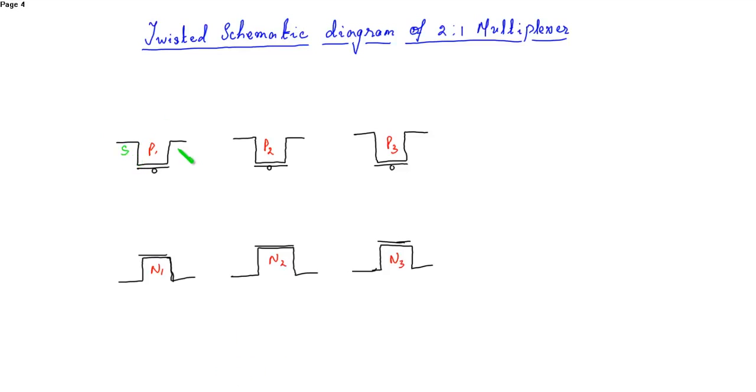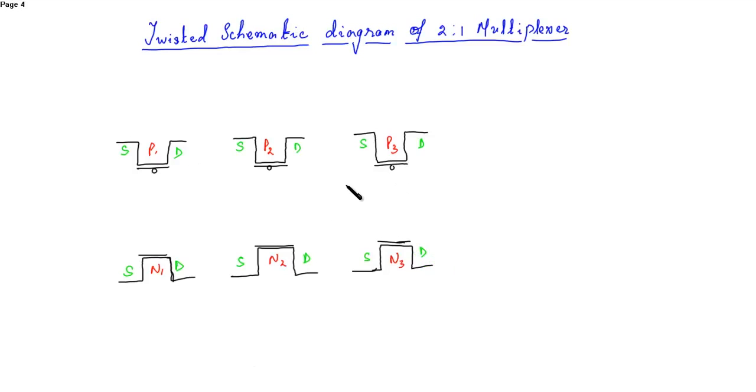This is drain. Similarly, this is the source and drain. This is the first transmission gate, then source drain, the second transmission gate. This is again source drain and source drain. This is the inverter.